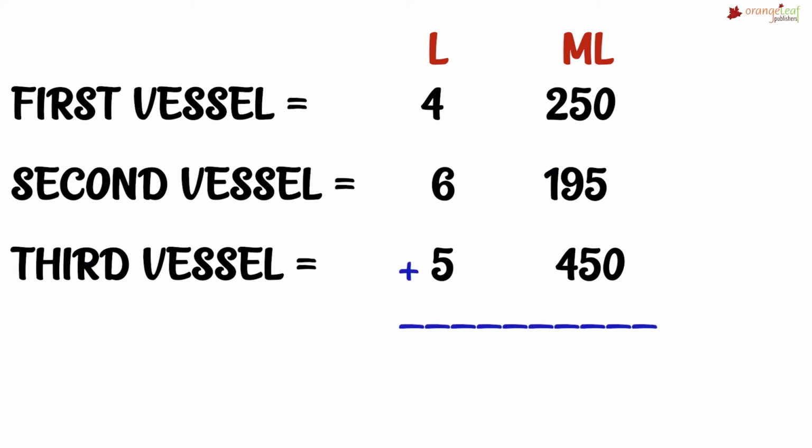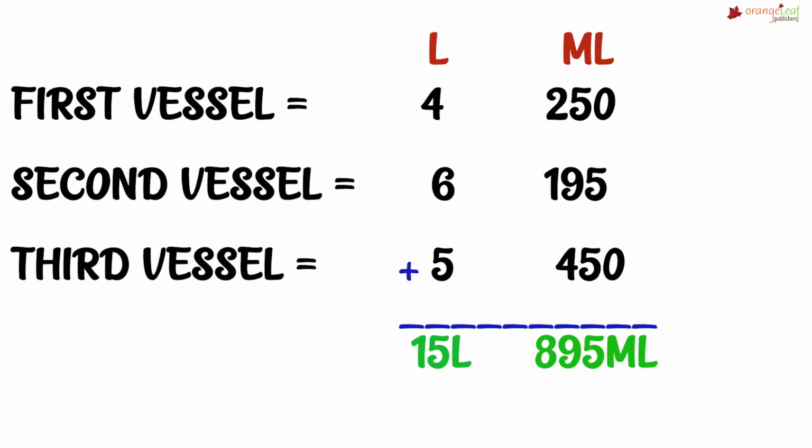When we add the milliliters column first, we get the answer as 895 milliliters. When we move to the liters column, we get the answer as 15 liters. So the total quantity of oil in the 3 vessels is 15 liters 895 milliliters.